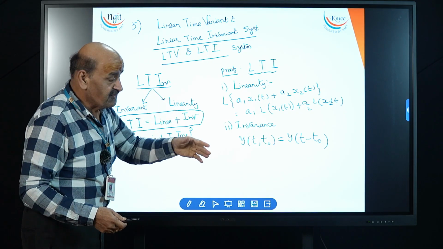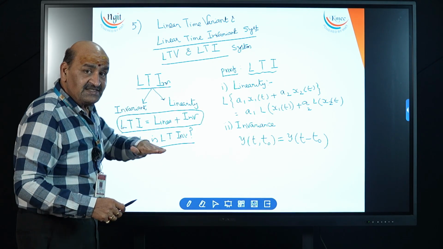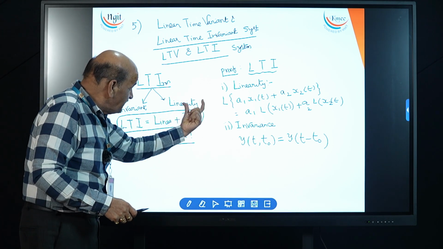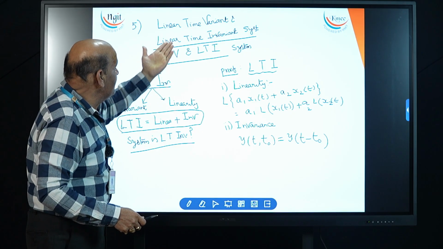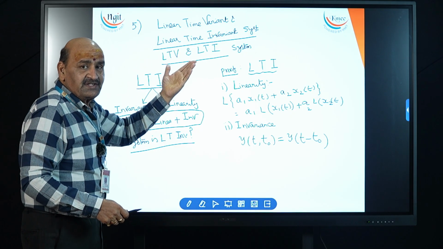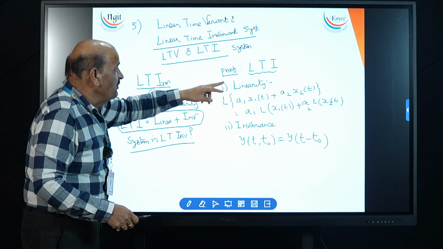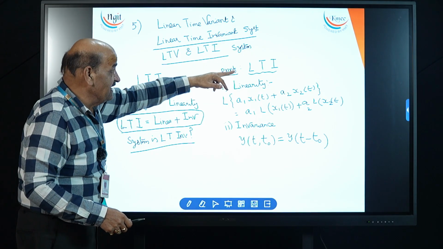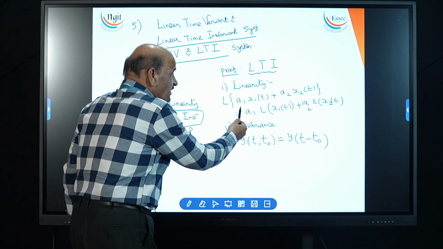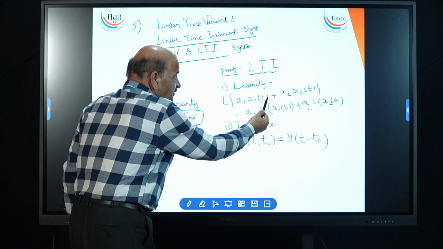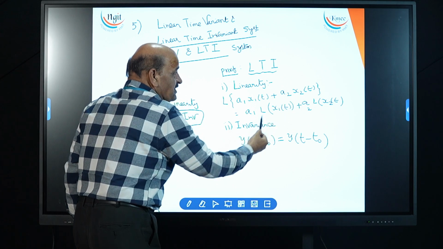So in the before case, we discussed this property as a single system. We discussed this property as another system. Now these two different systems are combined together, and we call that combined as linear time invariant systems or linear time variant systems. Now in the first instance itself, we begin with linear time invariant. I stands for invariant. So here the first property to be satisfied is that transformation of sum of signals is equal to sum of transformation of signals.